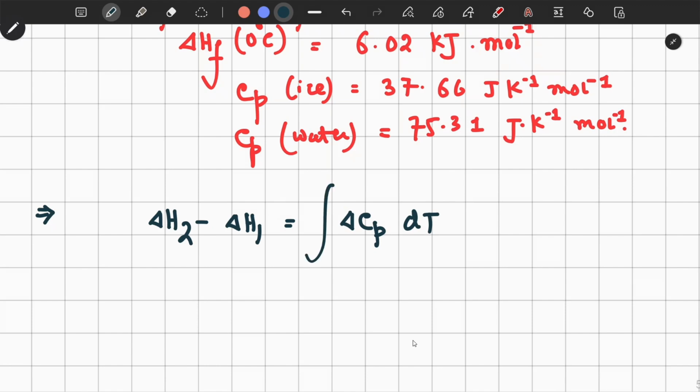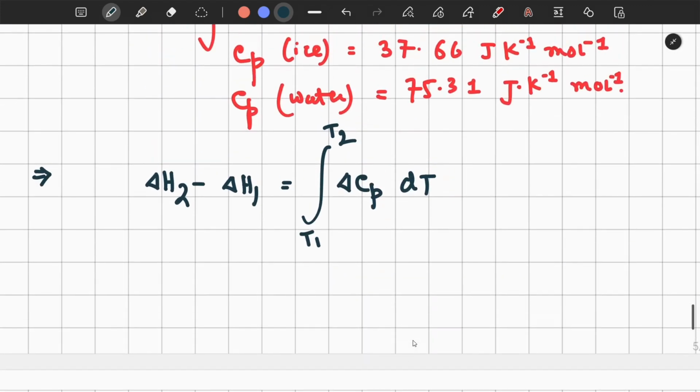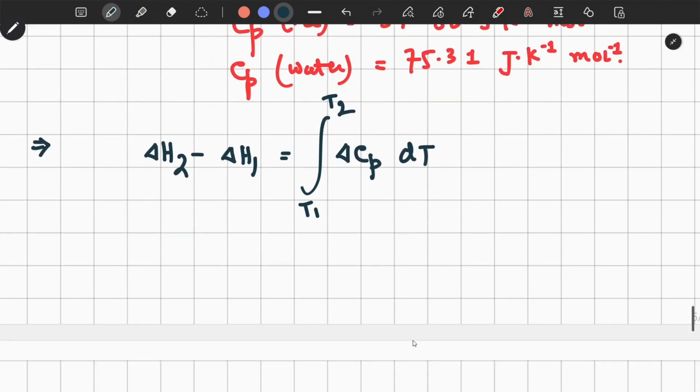Kirchhoff formula, Kirchhoff equation. Okay, that we have to invoke here. So now we have to calculate enthalpy of fusion, del H F, at minus 10 degree.